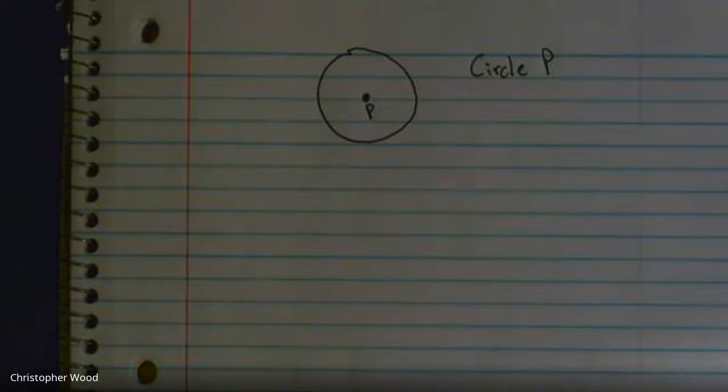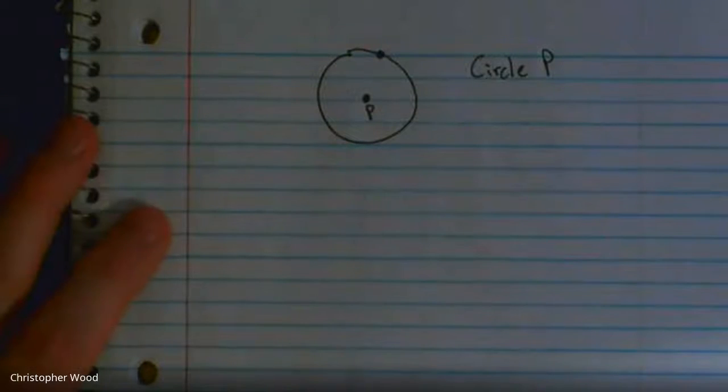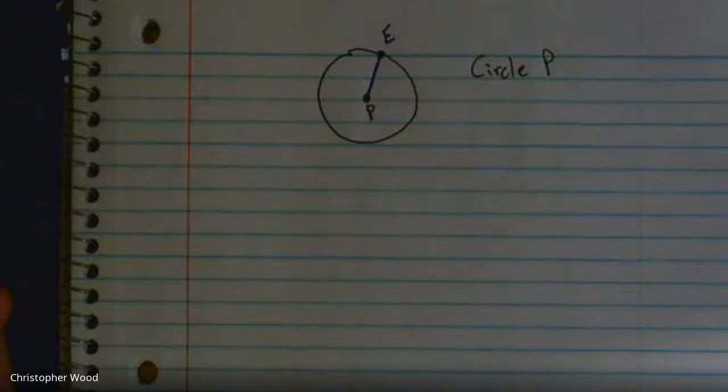For the next one, it's going to be radius. So a radius always starts at the center and then connects in a straight line to a point on the outside of the circle. So if I made a dot anywhere on the outside of the circle here, and I called that point E, this would be a radius if I connected P to E in a straight line. Obviously, we're not going to zigzag through the circle or anything.